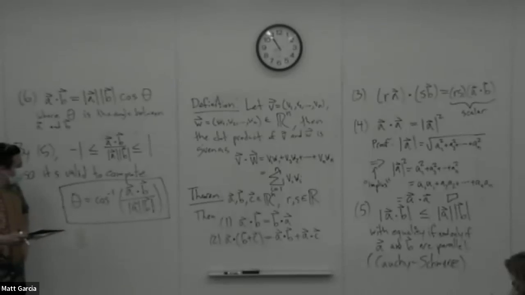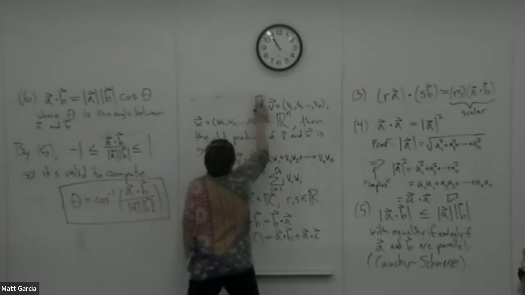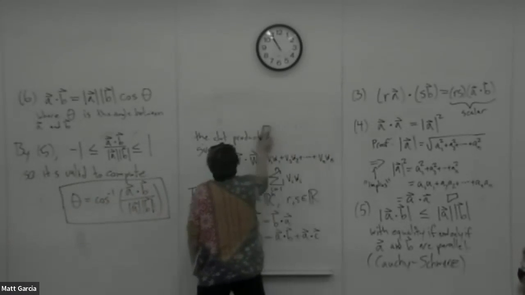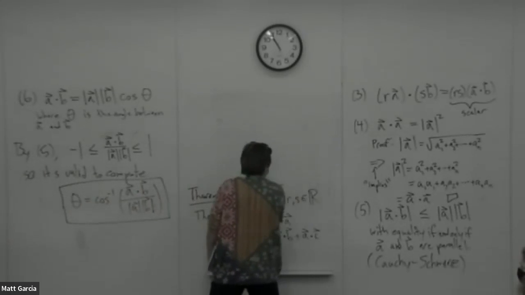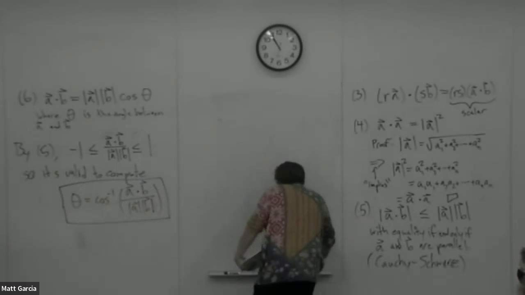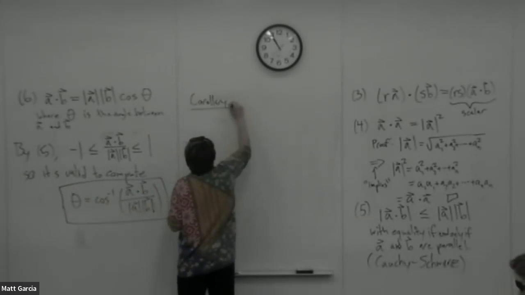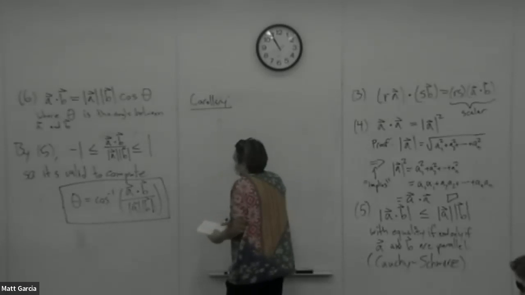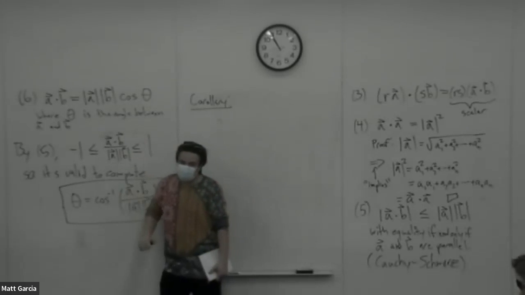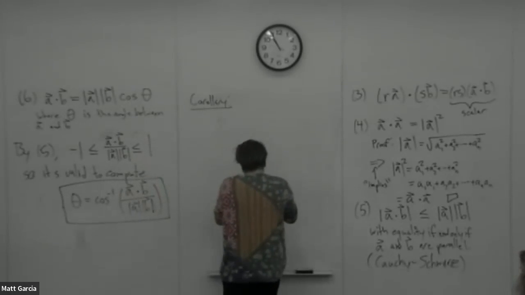Here's a corollary. Now that we've expressed the dot product as some formula involving the angle between two vectors, we can say the following.